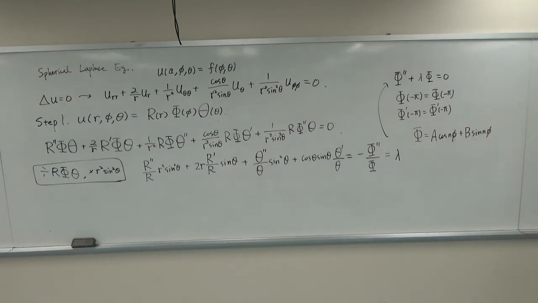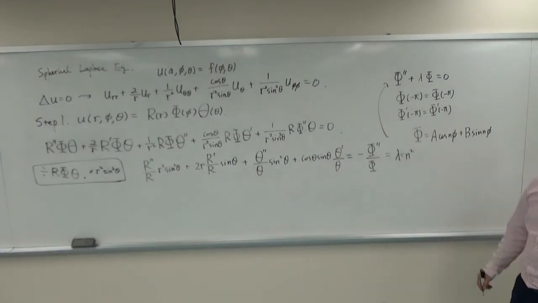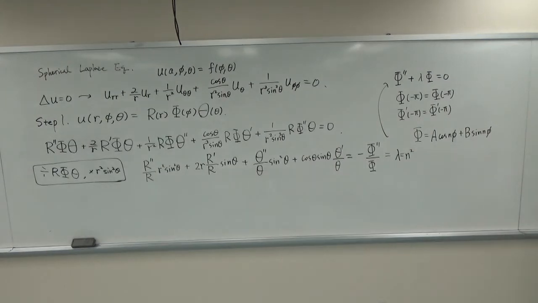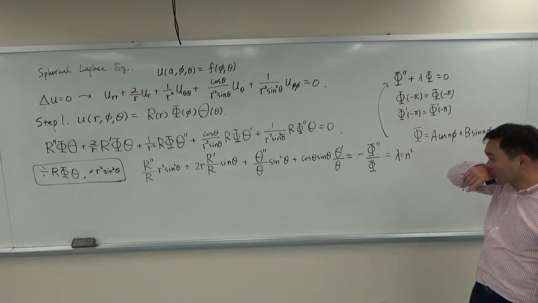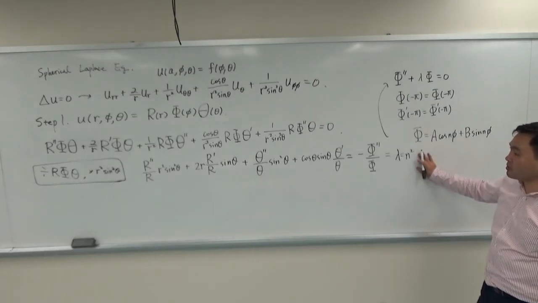Okay, so that's what we get, and lambda is really equal to n squared. Actually, 0 also works as well. So this is n equals 0 or above.